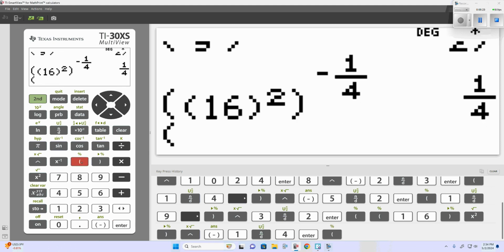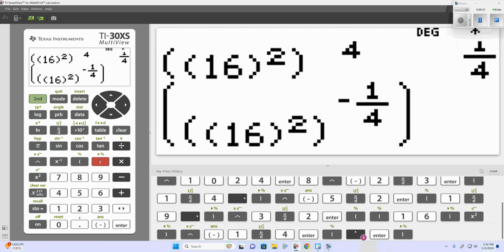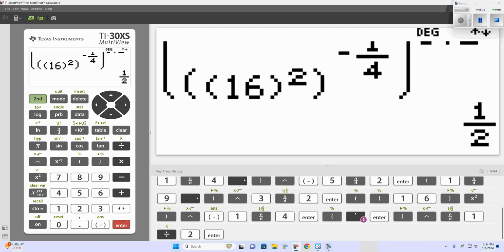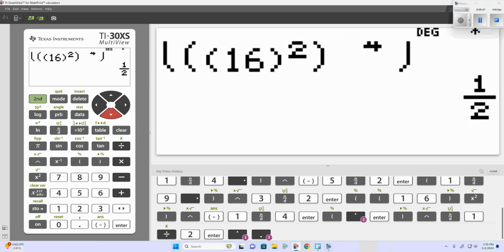Let's put this last one also to the 1/2. Now, at a certain point, it won't let you keep typing fractions because it doesn't have room. So if I wanted to type to the 1/2 power, we could either say 1 divided by 2 or find this here, which is 1/4.